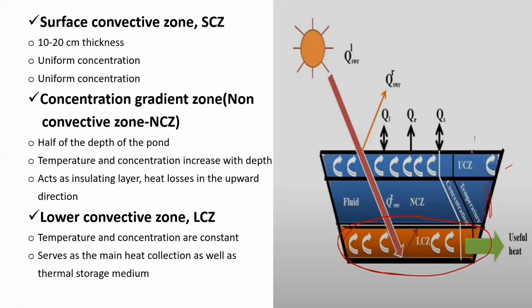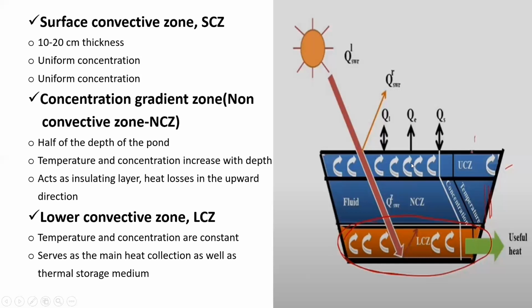As the name indicates, no convection occurs there. In the surface convective zone, convection always occurs and causes heat transfer, but it is of uniform concentration. The temperature and concentration increase with depth in the non-convective zone.